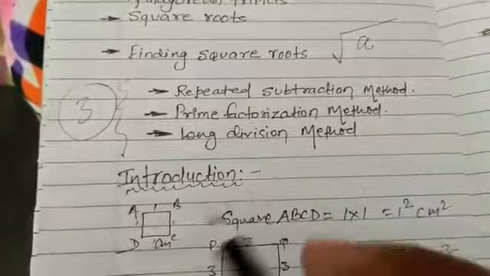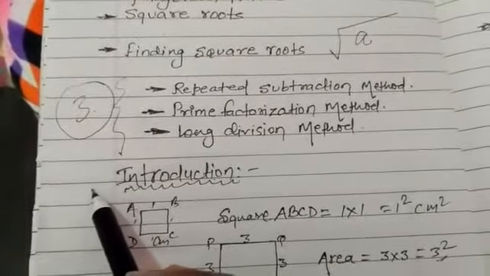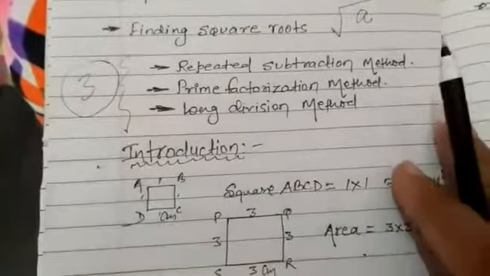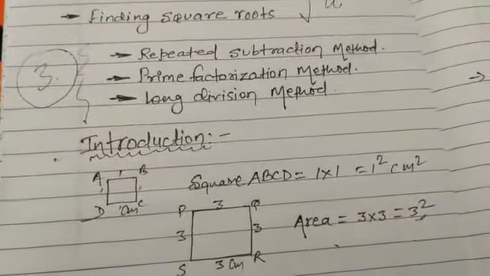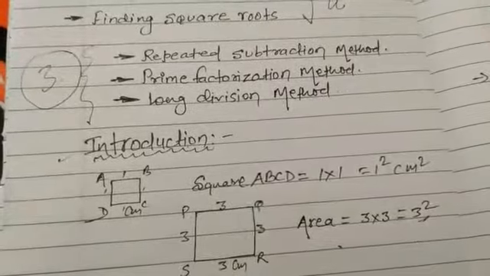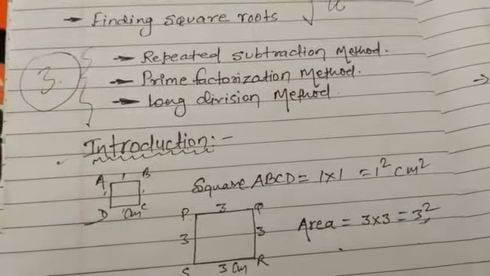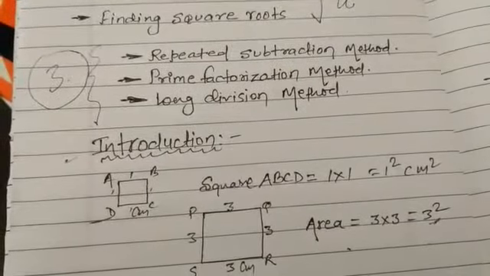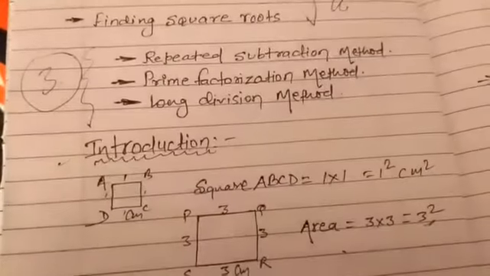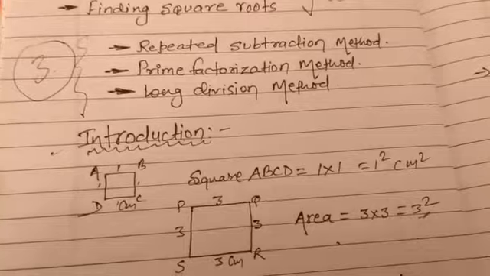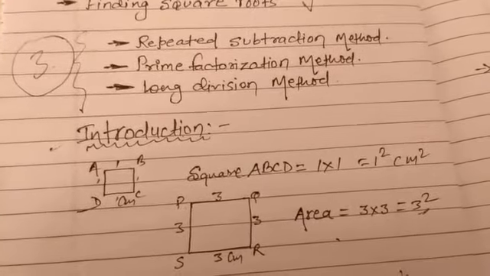At first, I am going to start the chapter with the introduction. As the chapter name suggests, square and square root. You already know about the square. A square is a quadrilateral which has four equal sides.